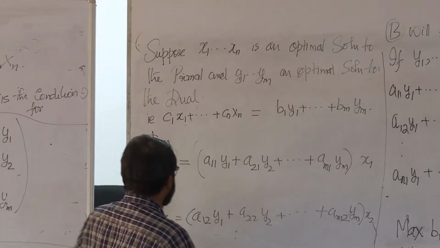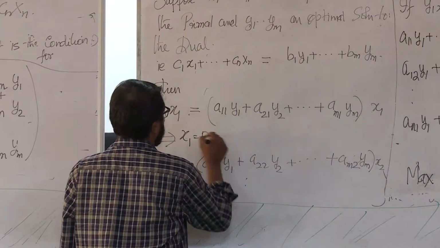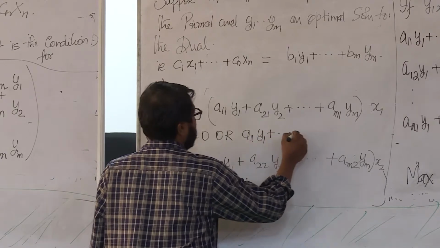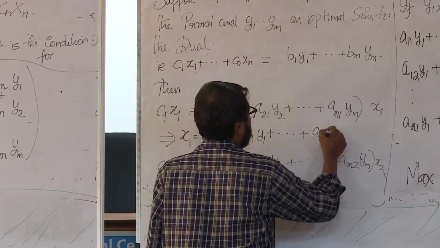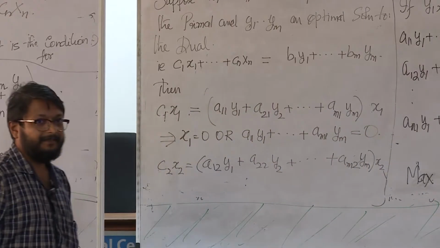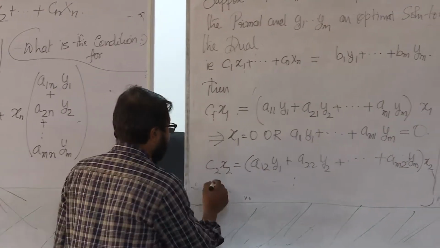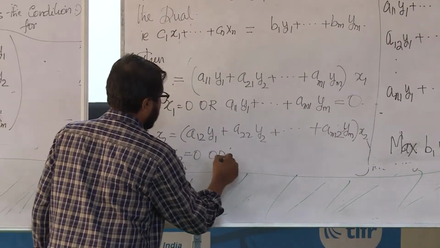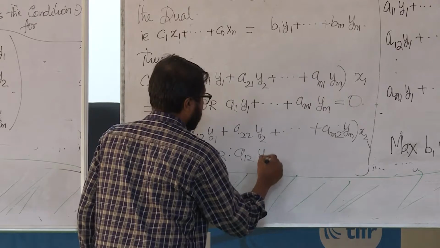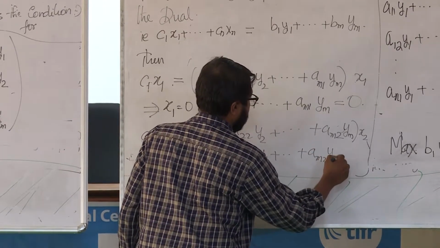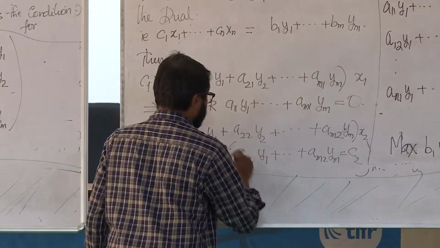Either x1 equals 0, or a11 y1 plus am1 ym equals C1, correct? Similarly, from this I will get either x2 equals 0 or a12 y1 plus am2 ym equals C2. You will get a sequence of conditions like this.